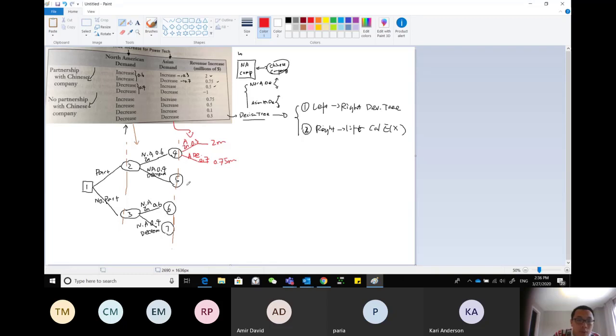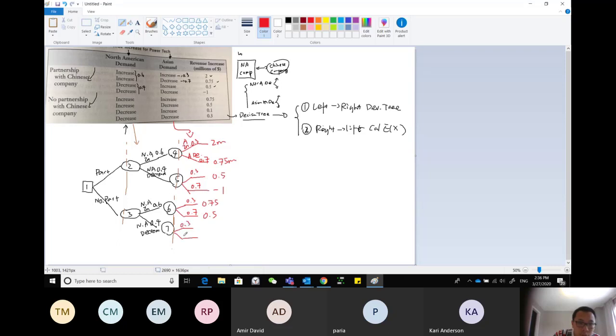And then we do the same thing for this node. So that's 0.3, 0.7, so that's going to be 0.5 minus 1, and 0.75, 0.5, and then same thing for this.